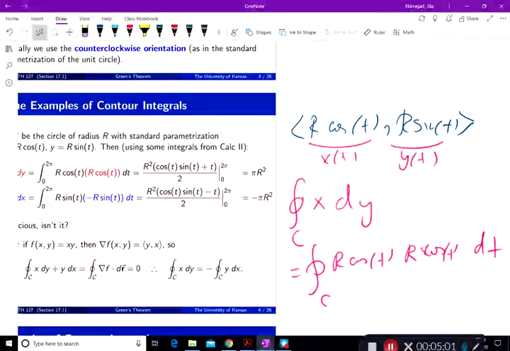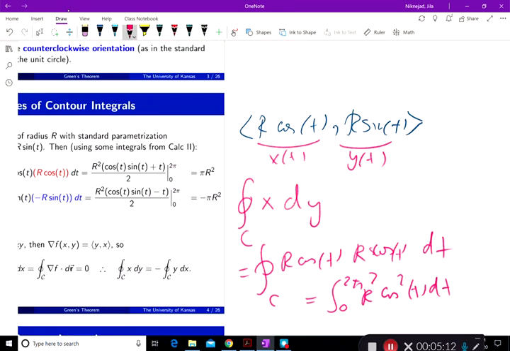One full round is the integral from 0 to 2 pi of r squared cosine squared t dt, which if you compute, you will end up with pi r squared.